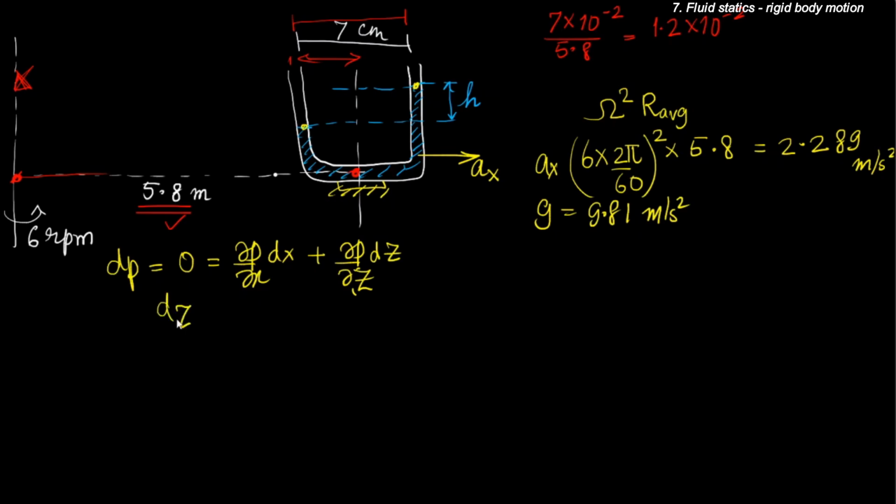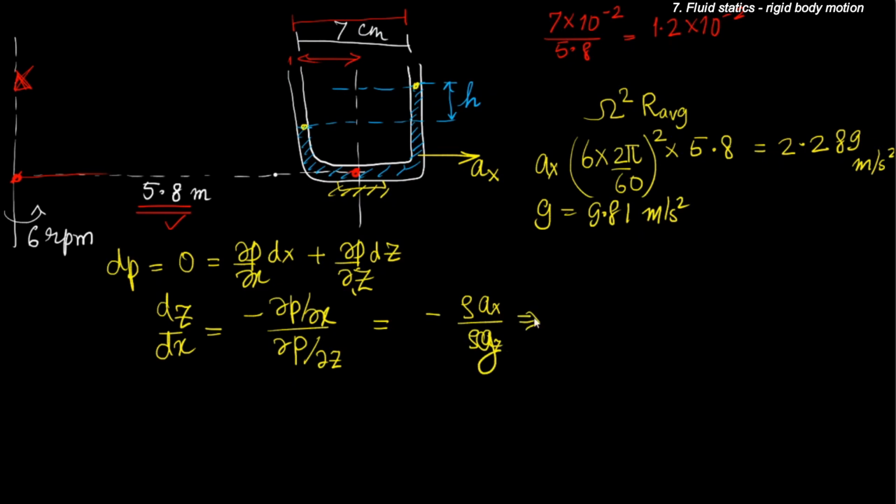This implies dz upon dx is equal to minus of del p del x upon del p del z, and this is equal to minus of rho ax divided by rho g.